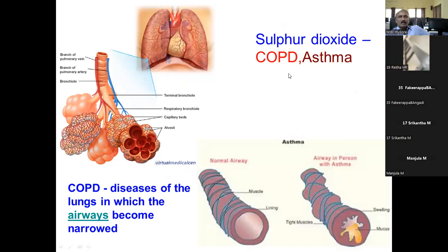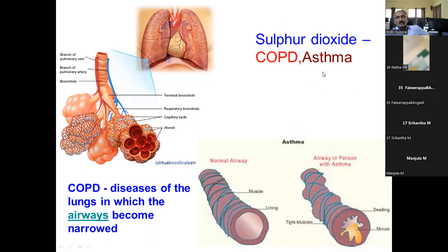Pulmonary means within the lungs. So, COPD. This is the second largest disease among the world population. And in India, it is the third largest disease among the Indian population. So, which is very commonly referred to as asthma.